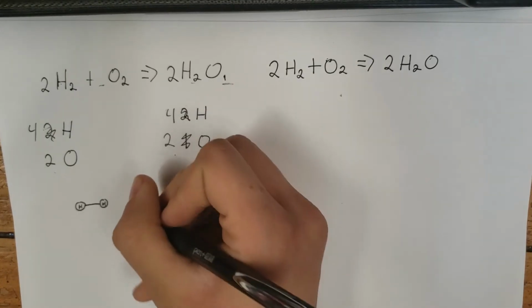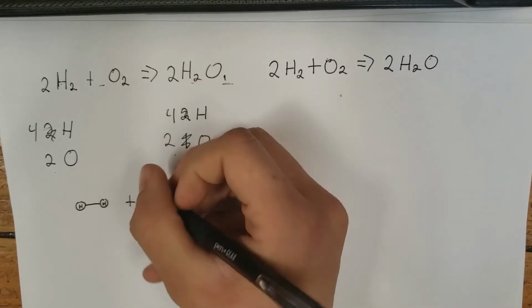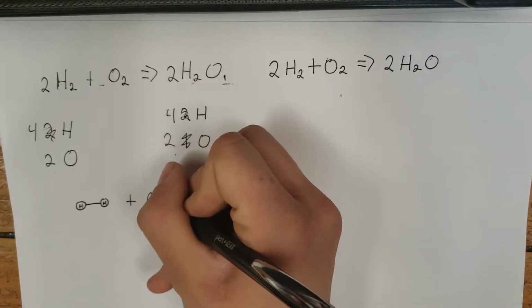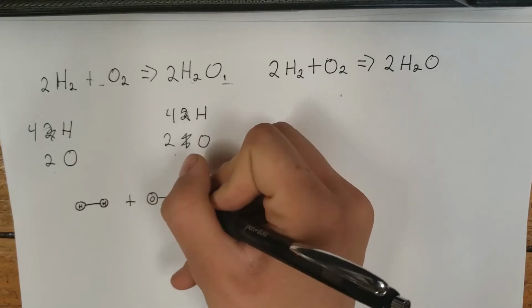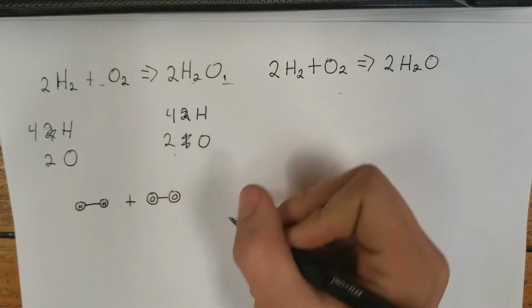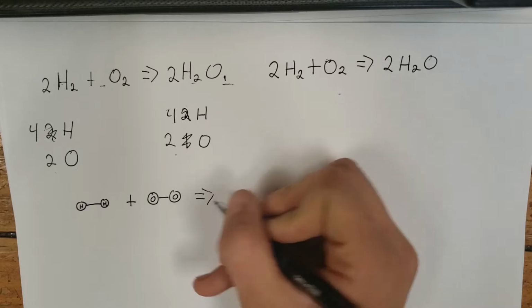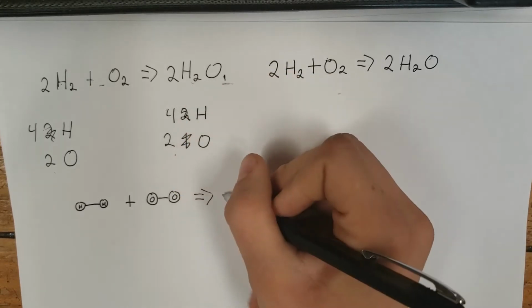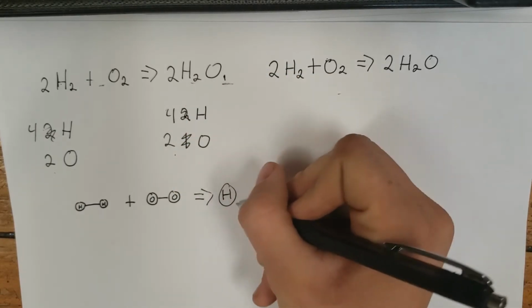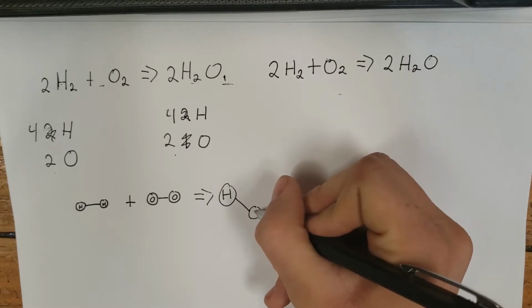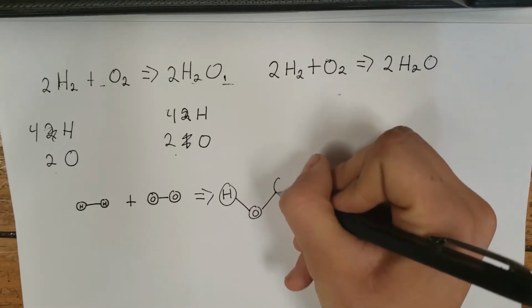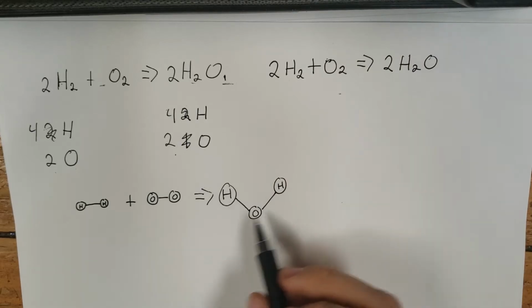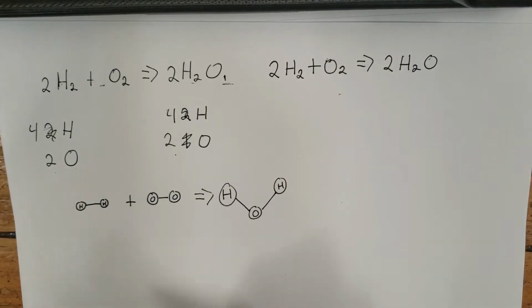This is our H2, and we're adding this to our O2, oxygen, which is an oxygen atom bonded to another oxygen atom. And this is reacting to form water, which is a hydrogen bonded to an oxygen, which is bonded to another hydrogen. So this is our water molecule.